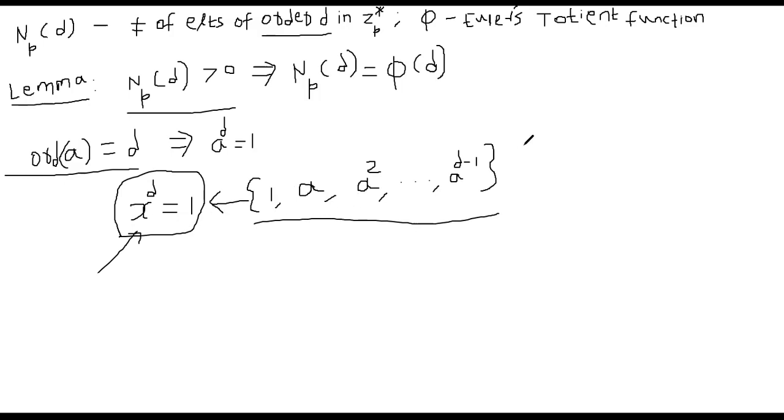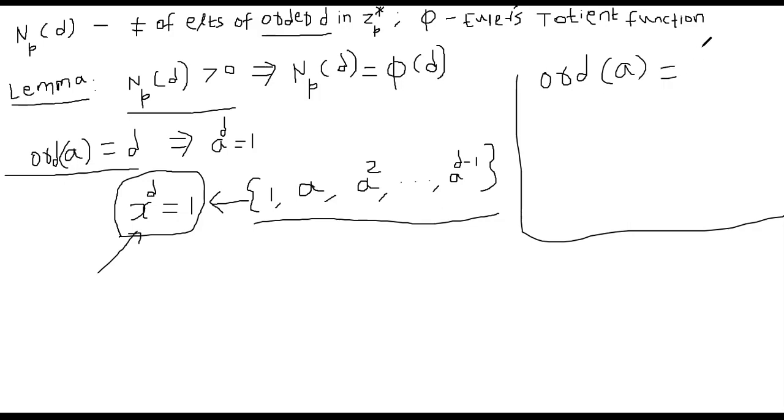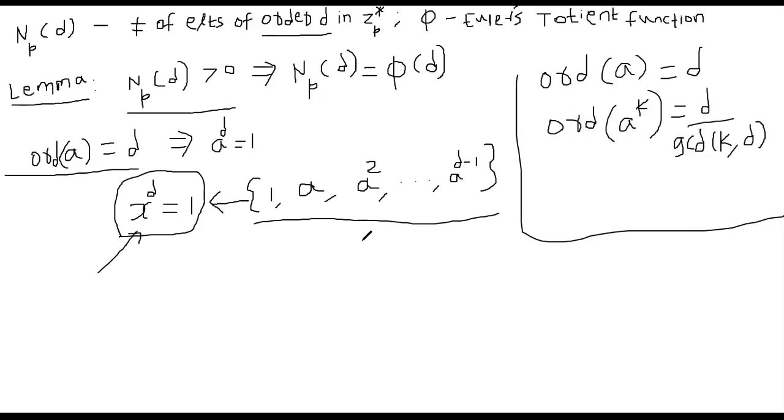In one of the previous segments, we proved this fact, let me recall this very quickly: if order of a is d, what can you say about order of a power k? So now we pick an element here.